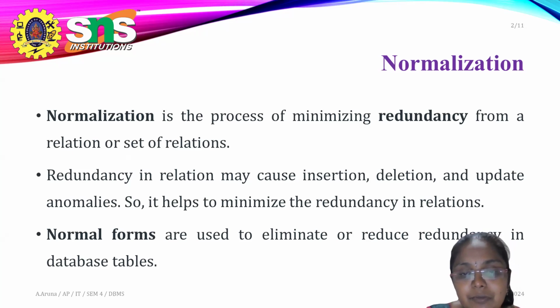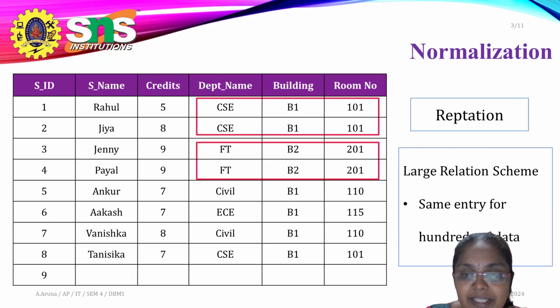For that we use several normal forms to reduce the redundancy present in our table or database. For example, normalization deals with repeated data, which we have to either enter or delete in a particular table. Consider this table: it can contain ID, name, credit, department name, building, and room number.